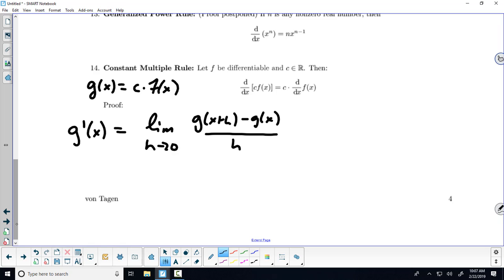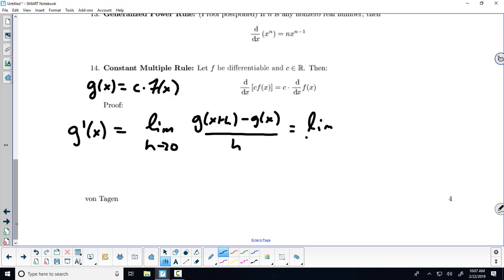So think of g of x as a function that looks like maybe 3 times x squared, or 7 times the sine of x, or 6 times e to the x. Okay? It is a constant times a function that we're currently working with.